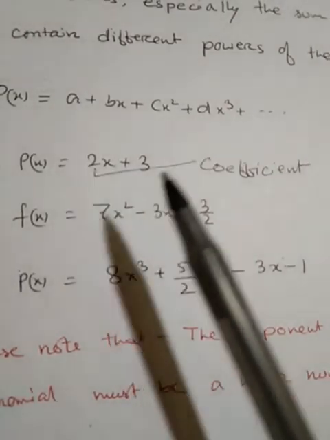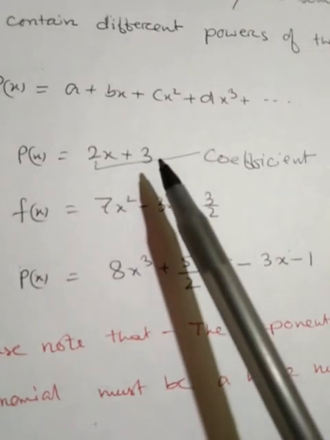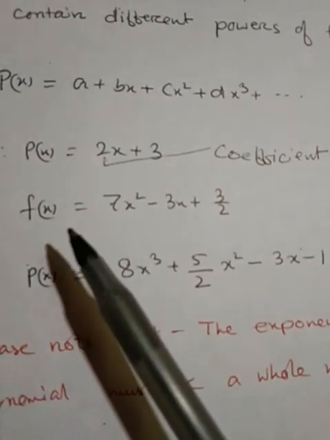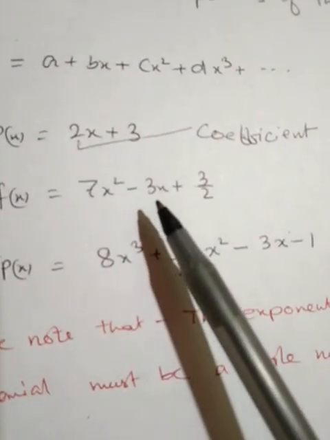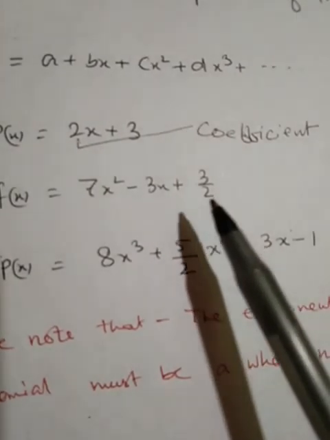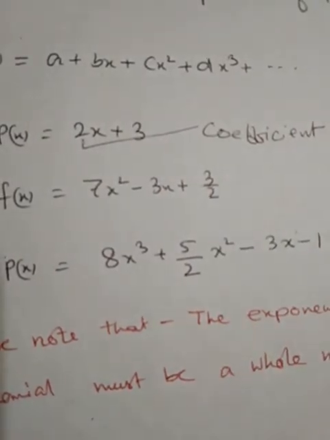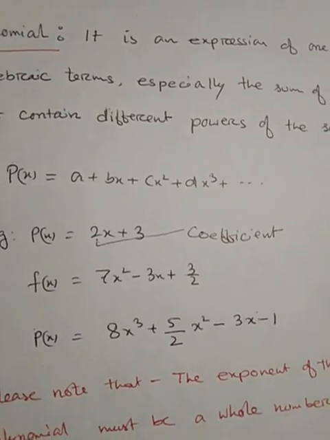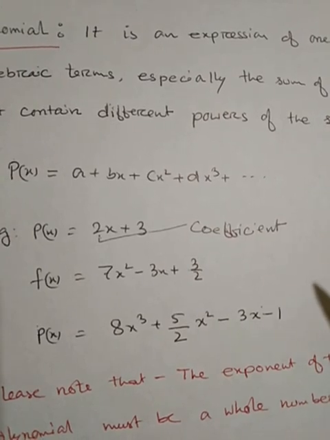In the first polynomial, 2x and 3 are each one term of this polynomial. Similarly, in the second polynomial, 7x square is one term, minus 3x is one term, and 3 by 2 is another term. So each part is one term. Now, depending upon the number of terms of a polynomial, it can be of different types.